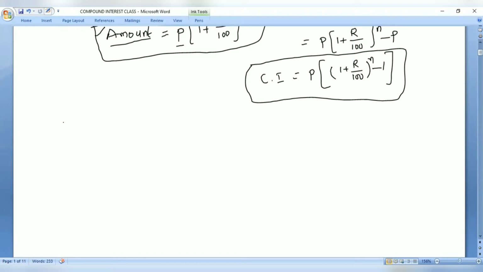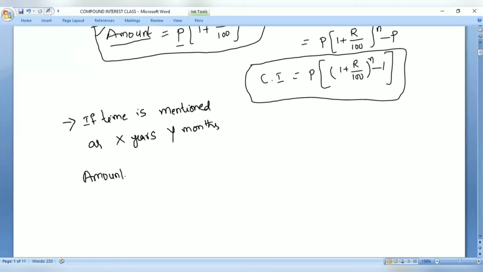Similarly, here one more point that we need to learn is, if time is mentioned as X years, Y months, then the formula to calculate the amount is P into (1 plus R by 100) whole power X into (1 plus R multiplied by Y divided by 100).